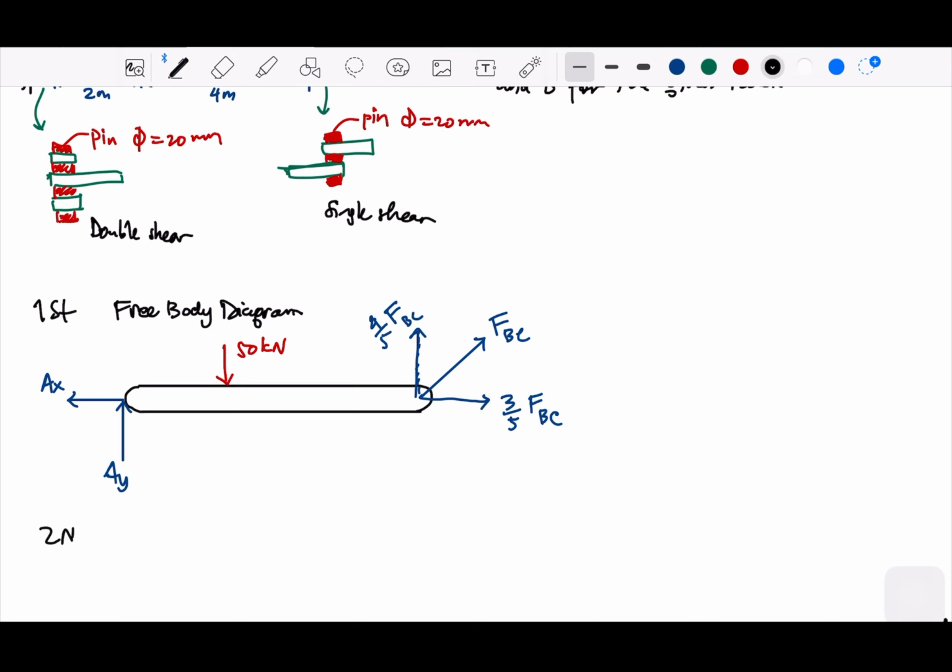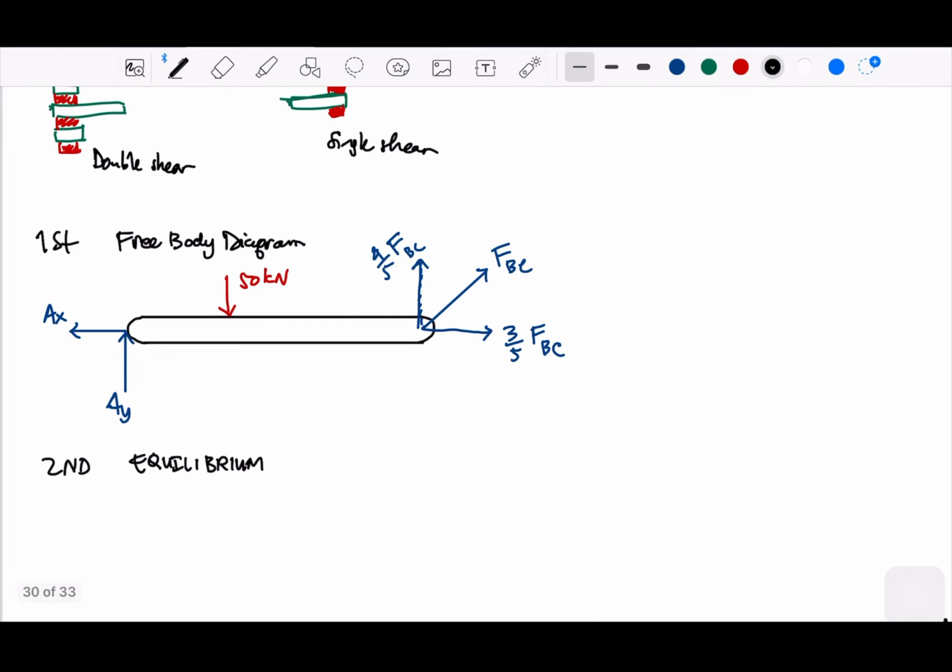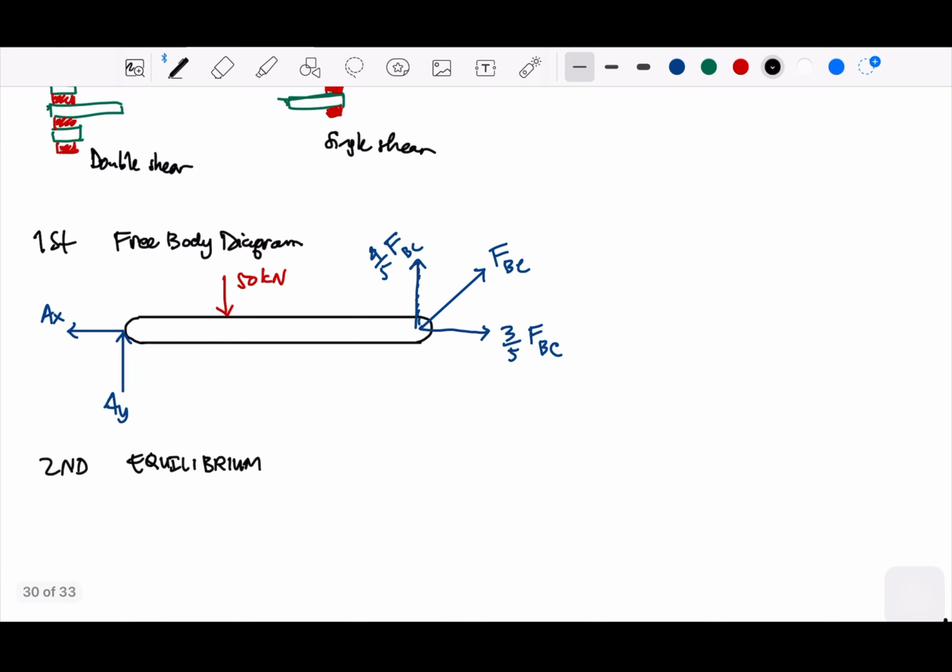Second, go for the equilibrium. We can start with sigma F equals 0 or sigma moment.